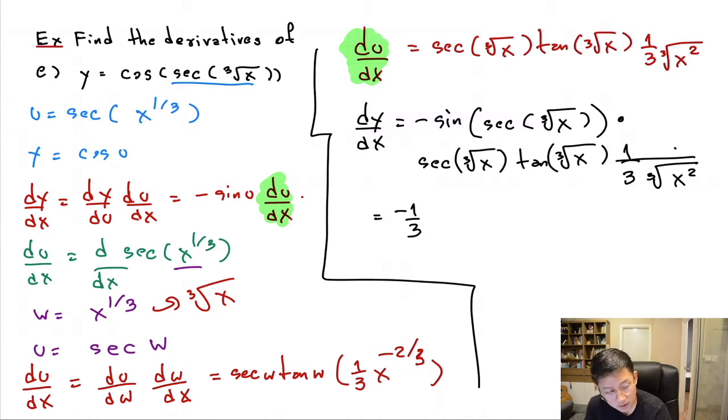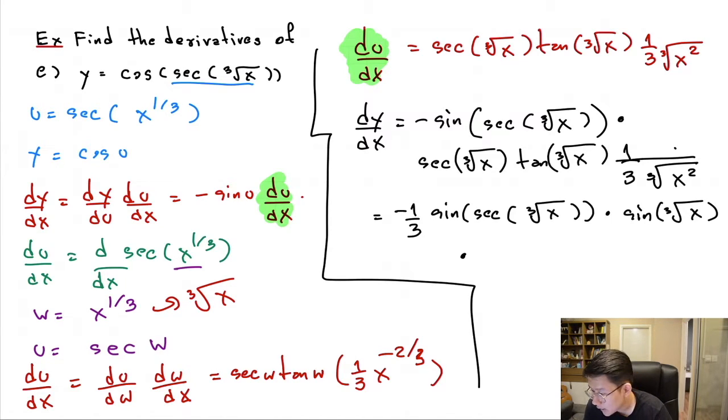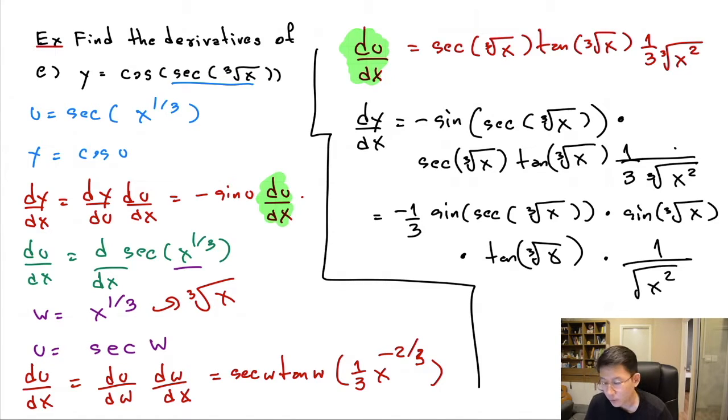And the rest would be sec of this guy times sec of this guy times tan of this guy times 1 over the cubic root of x squared, and it looks just like that.